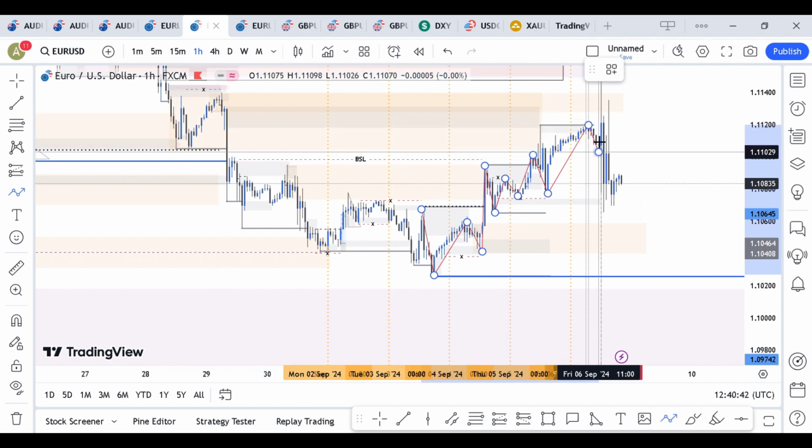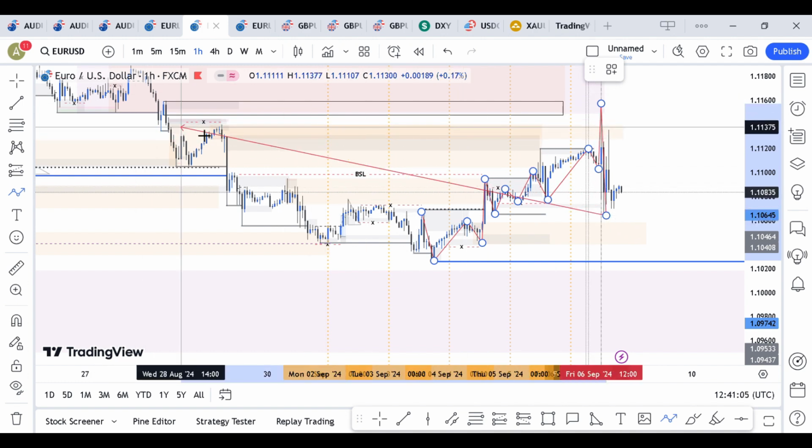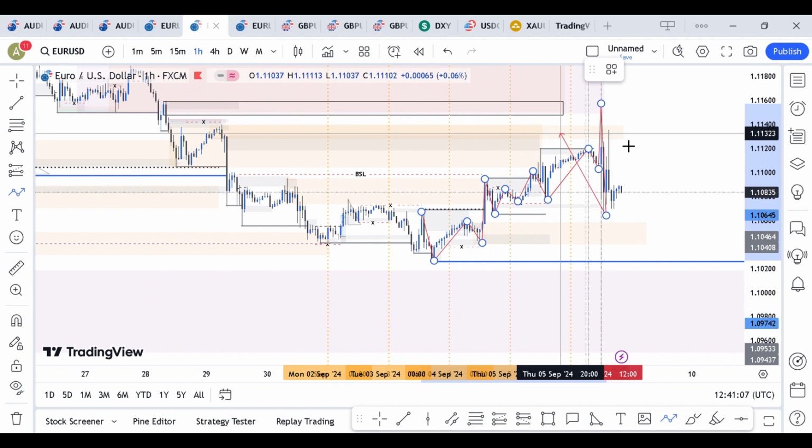Then when it was coming down, it was still inducing at least a few sellers, but what they didn't know is that they forgot that there was this extreme 4 hour and daily flip zone, which is what happened. And price shot to the downside again after taking out the buy side liquidity, especially these ones that are already marked.